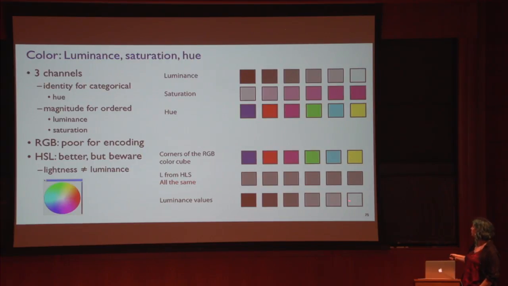So the true luminance values of these different hues are actually quite different. In the standard way of converting from RGB to HLS, or HSV, these different colors are converted to the same grayscale value, which is not at all how they are perceived by your eye. Your eye perceives the yellow as much, much brighter than blue.